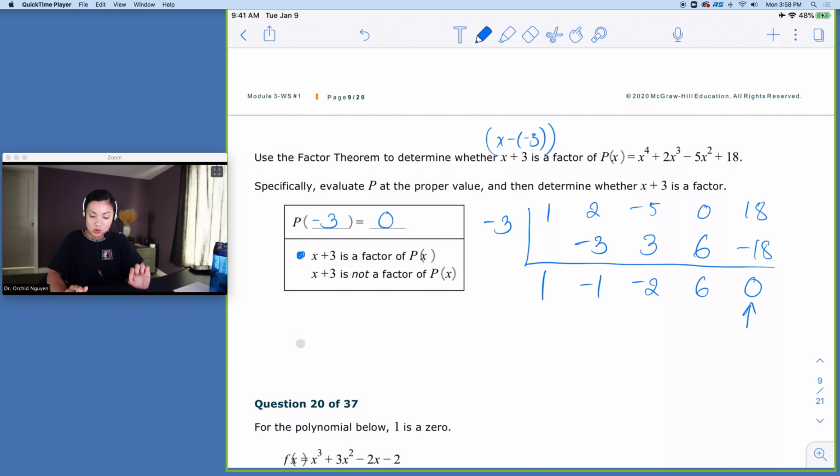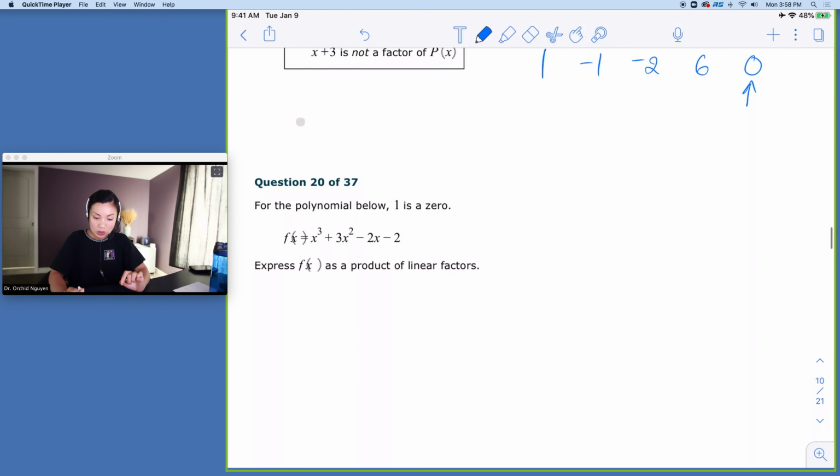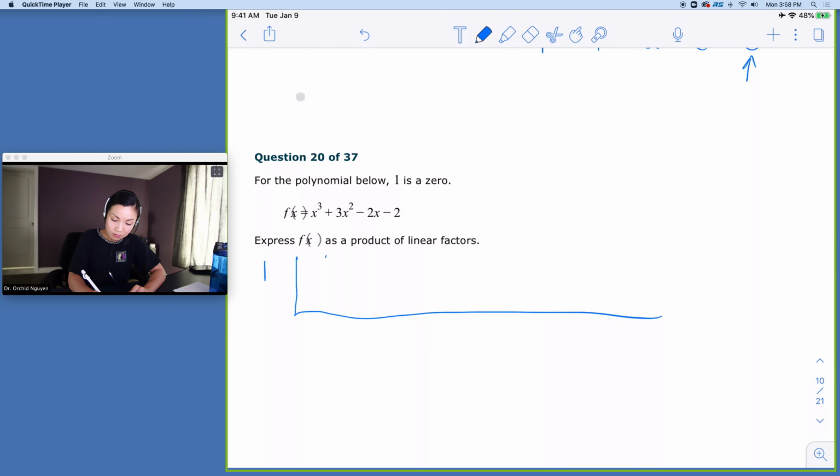All right, we're going to use the same idea for number 20. Number 20 gives you 1 as a 0. So I know that x minus 1 is a factor. I'm going to use that one and perform synthetic division. So I have 1, 3, negative 2, negative 2.